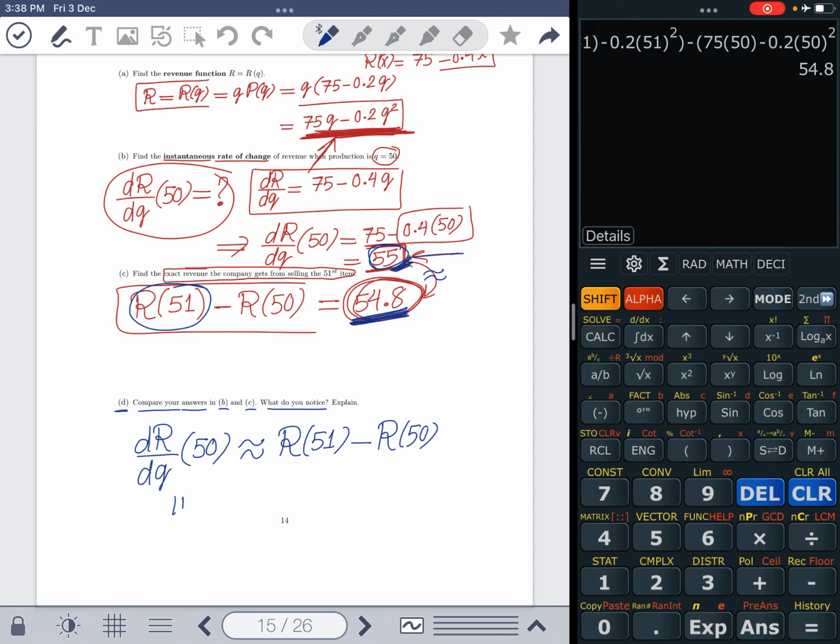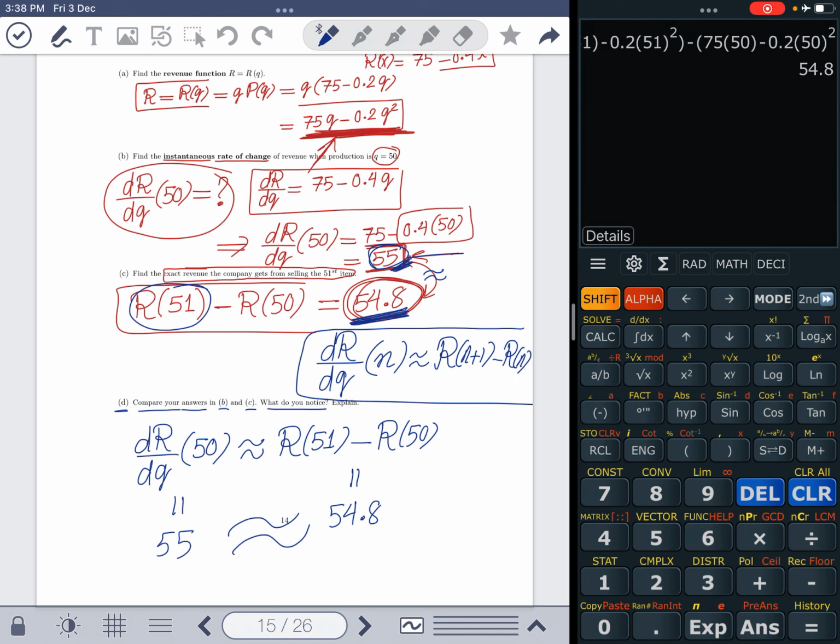Because one of them was 55, the other one was 54.8. Those numbers are close to each other. And it will always be the same at any point n: dR by dQ is approximately R of n plus 1 minus R of n for any function.